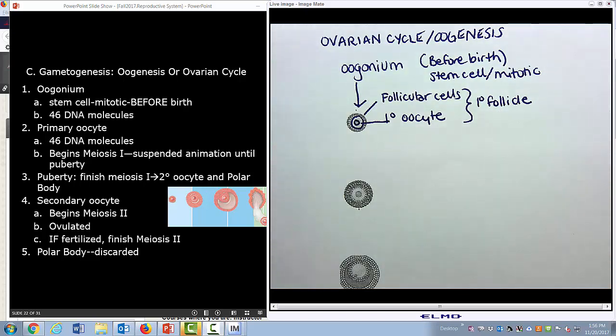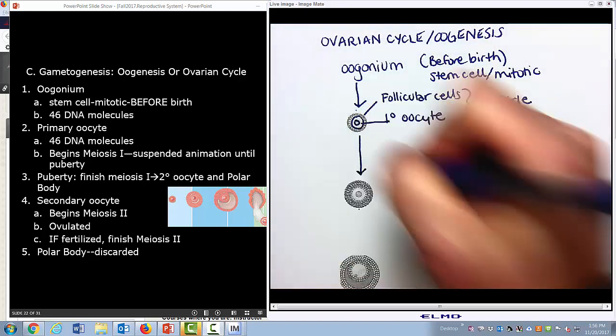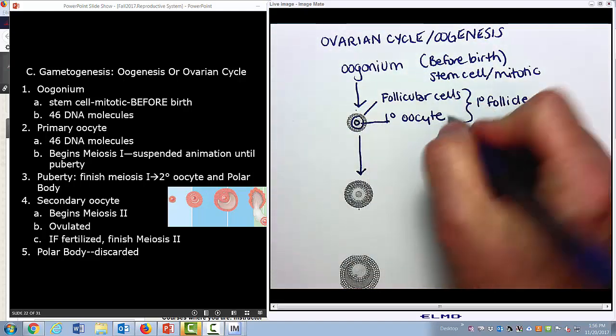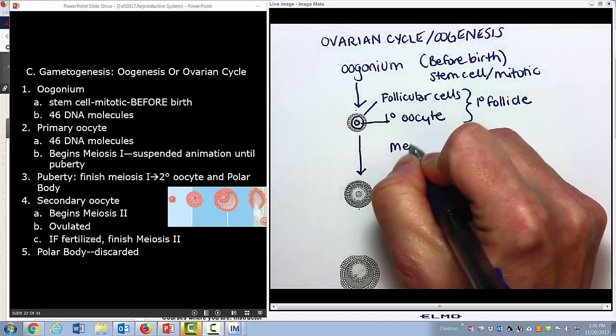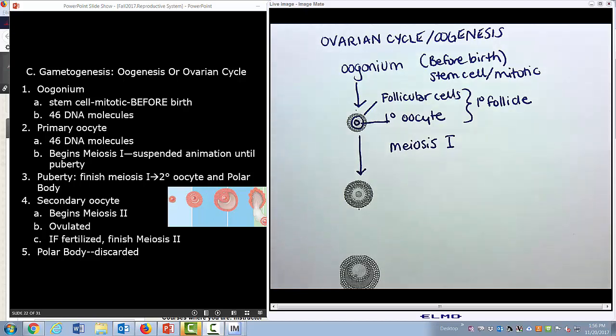All right, so before birth, it begins meiosis. So the primary oocyte is going to undergo meiosis 1 because it's 2 rounds of division, and meiosis 1 is actually suspended until puberty. So it doesn't finish until puberty.